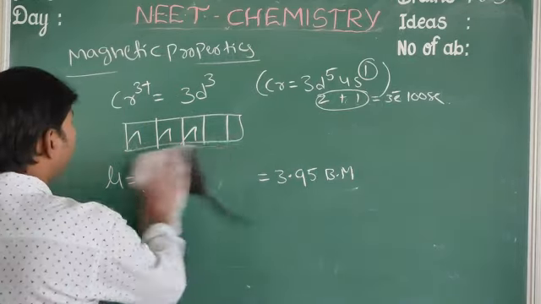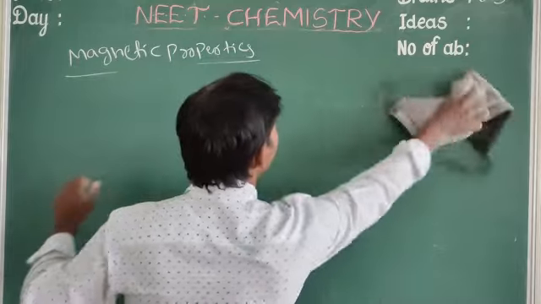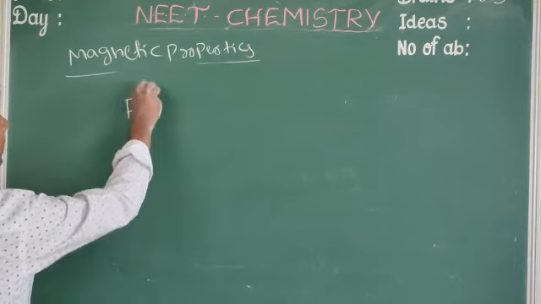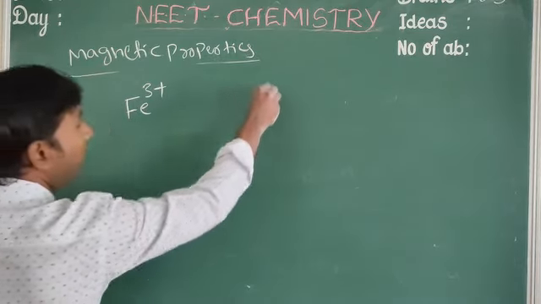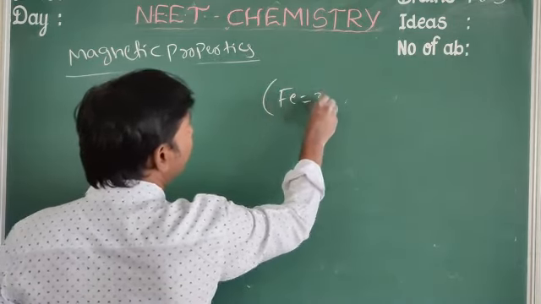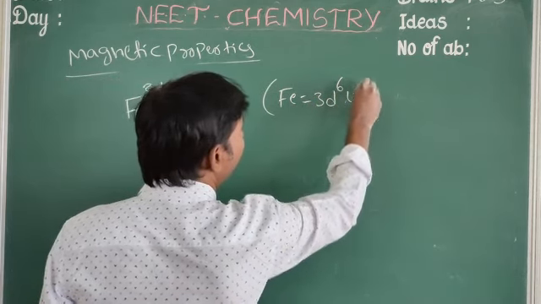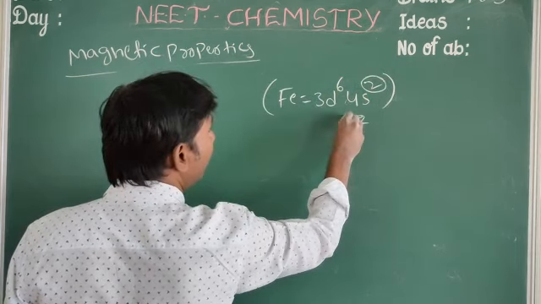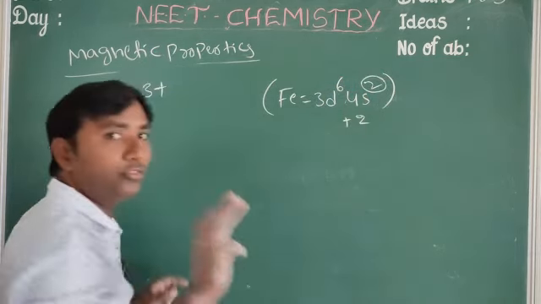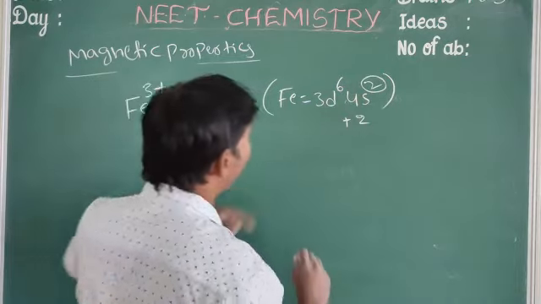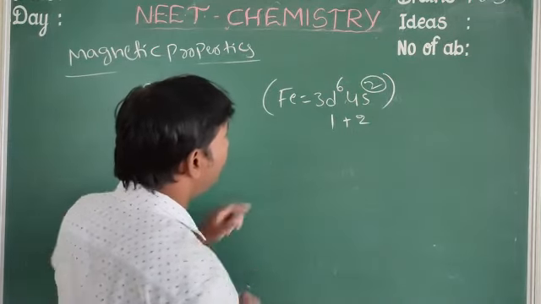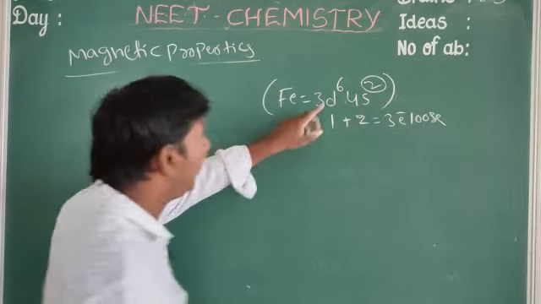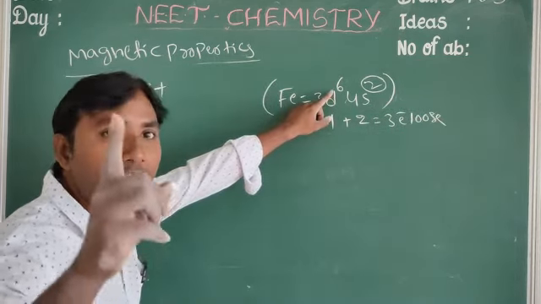For example, Fe3+. Here, iron configuration is 3d6 4s2. 3+ means 3 electrons lost: 2 electrons from s and 1 electron from d. Totally 3 electrons lost. 1 electron lost from d6 means remaining d5.